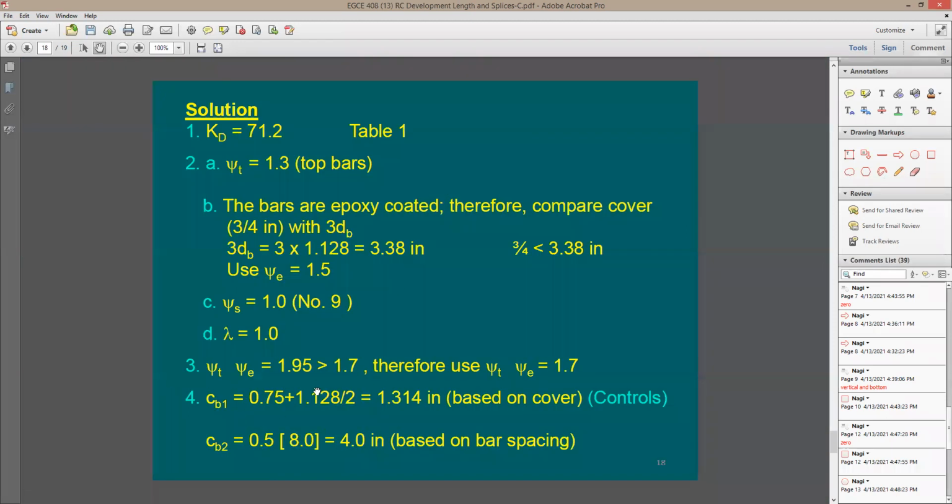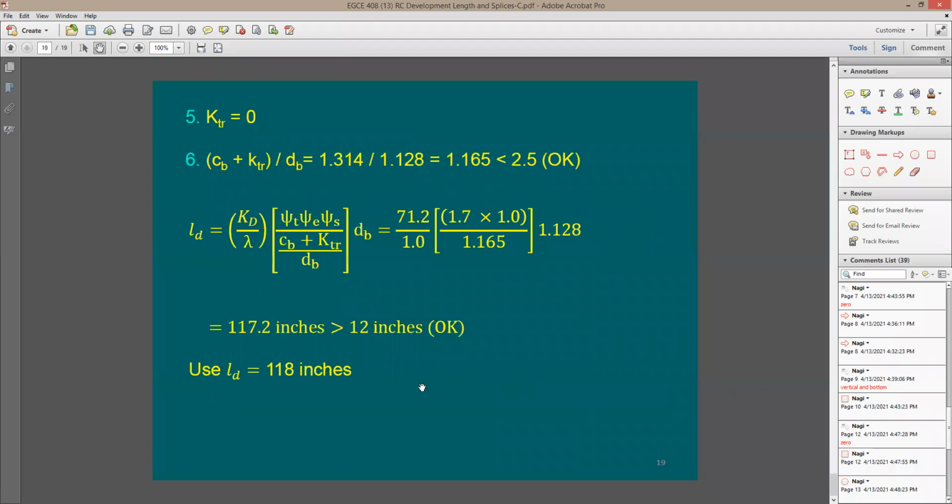We tried this C_b1 and C_b2, and based on the top cover, it's going to be 1.3. This is a value that I need to use in my analysis. Now I need to do the other check, which is this: C_b plus K_tr, which is 0, divided by d_b, smaller than 2.5. So I said, well, let me use this equation. Look at here, psi sub t multiplied by psi sub e.